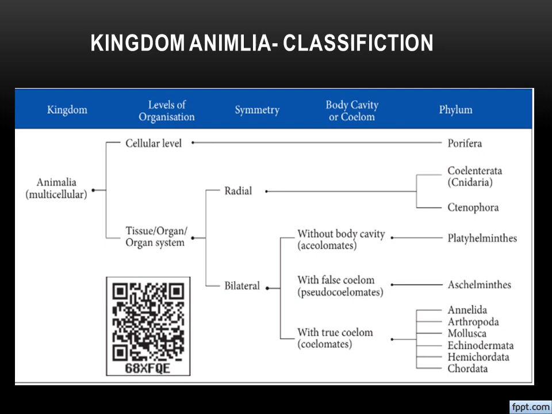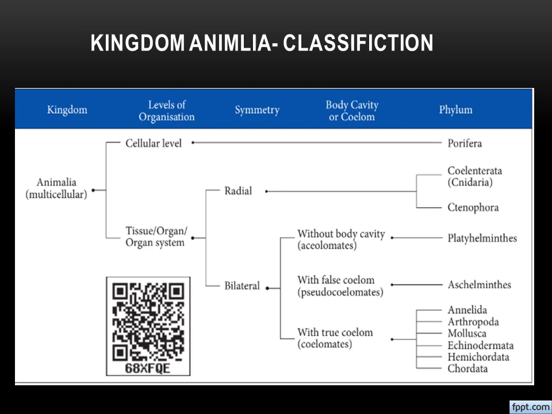What are the symmetries? Radial symmetry as well as bilateral symmetry. Radial symmetry is seen in the phyla Coelenterata as well as Ctenophora. Everything else belongs to bilateral symmetry.